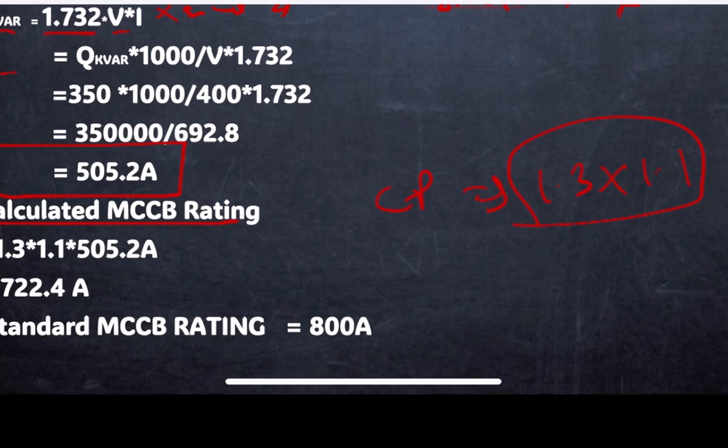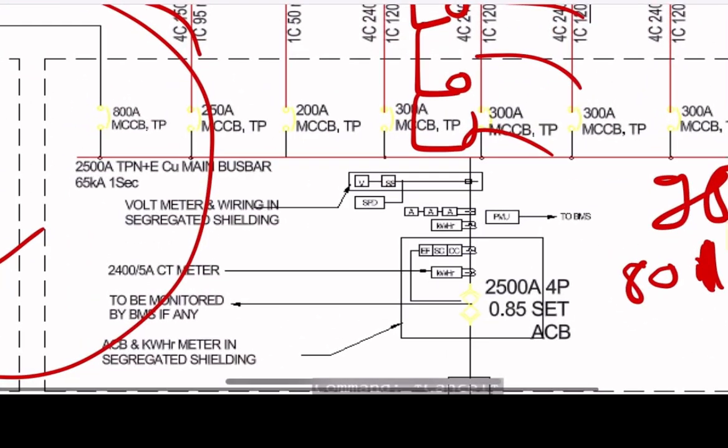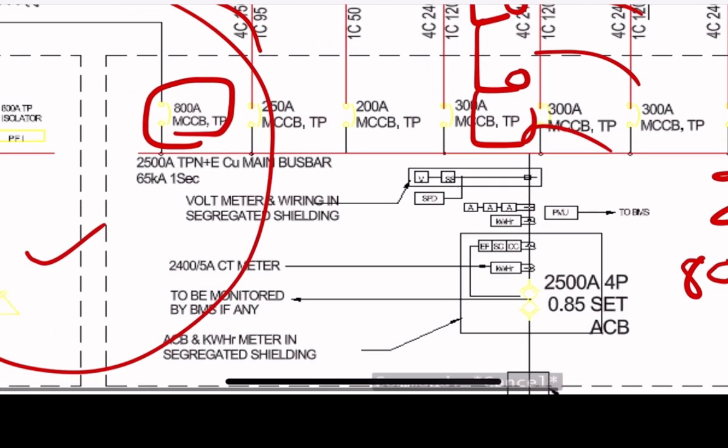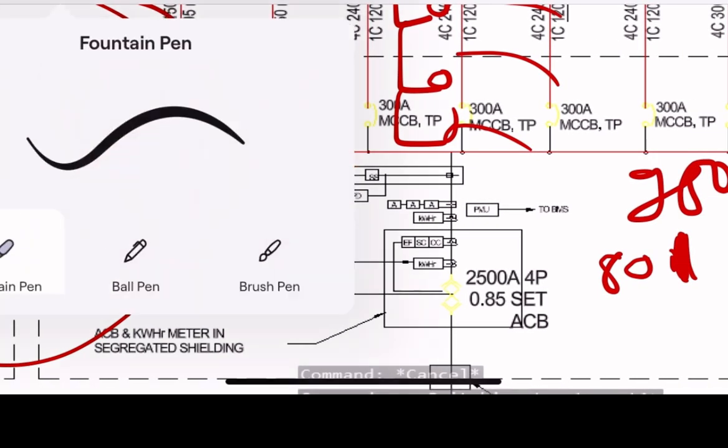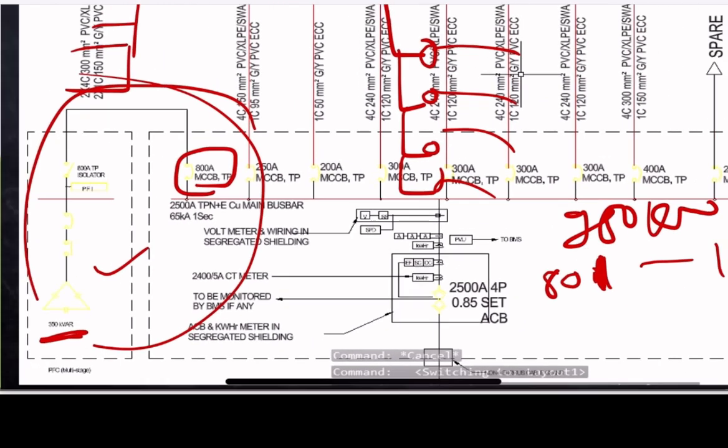Go and watch that video for more information. So I multiply 1.3 × 1.1 by the calculated current, 505.2 ampere, and we get the calculated MCCB rating as 721.4 ampere. The next available breaker rating is 800 ampere. So I selected the breaker rating for the capacitor bank as 800 ampere and the kVAR rating as 350 kVAR.